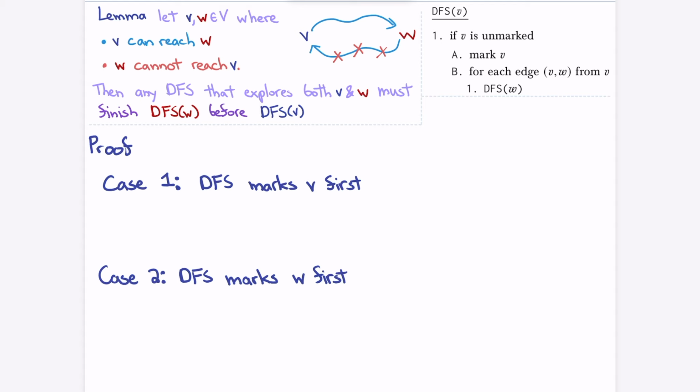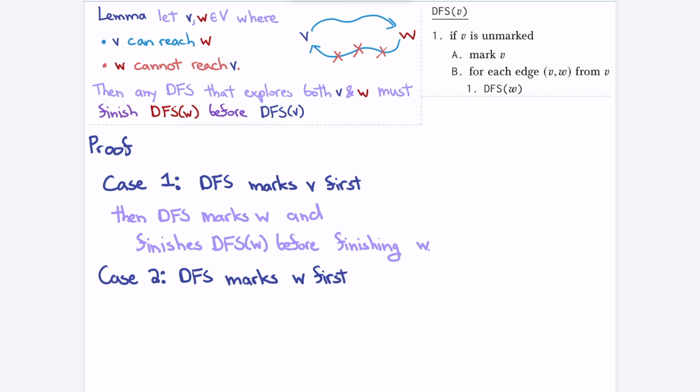I want to argue that it'll mark and finish DFS of W before. This is effectively what we've already proved: DFS of V will make sure it visits, reaches, and finishes everyone reachable before backtracking back out.